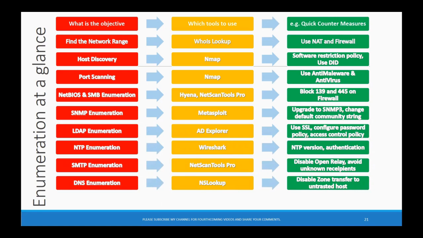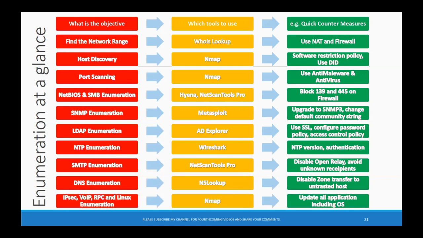Now next is DNS enumeration. For DNS enumeration, we use nslookup. Give it the host information or the website, and it will tell you the DNS name servers. Now how can we protect it? Disable zone transfer to untrusted hosts. Hide the sensitive information from the public. This is how we can protect against DNS enumeration.